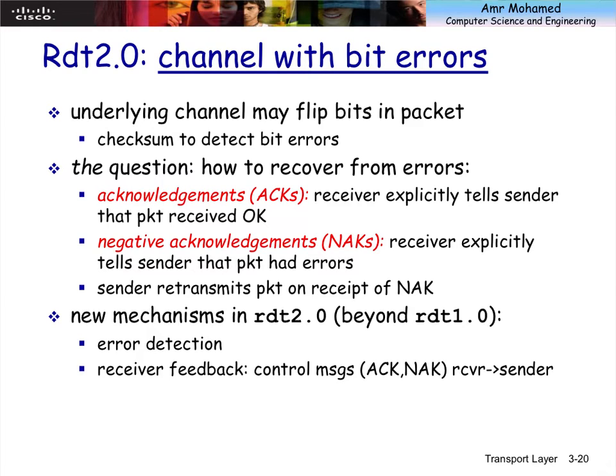If a packet arrives and it's not corrupted, then we send an acknowledgement. That's a good approach. That's one way of approaching the design of this logic now, is to use acknowledgement and negative acknowledgement.